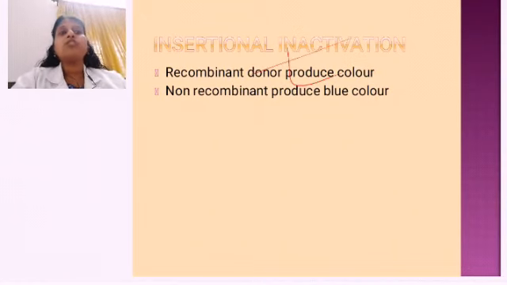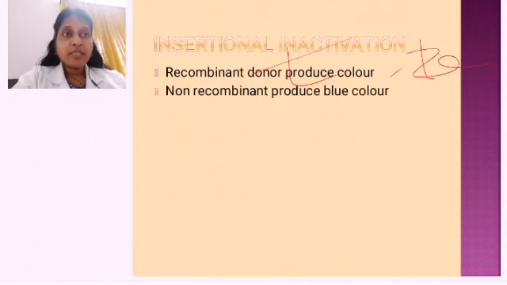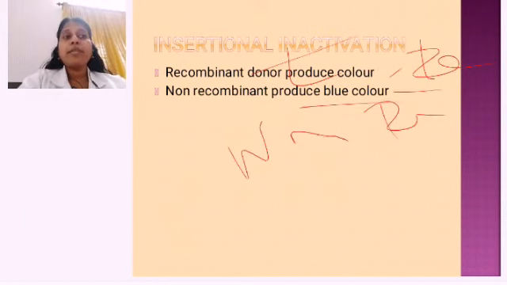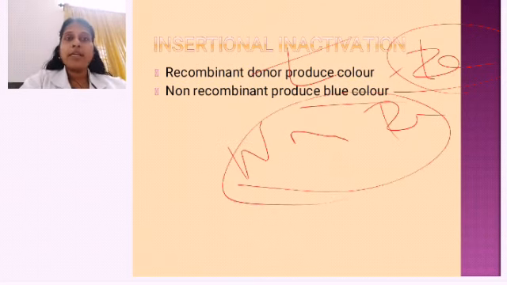You just make a change: it is "do not produce color". So those that do not produce color are all recombinants, and those that produce blue color are non-recombinants. Recombinant means they contain the rDNA. Non-recombinant means they do not contain rDNA.